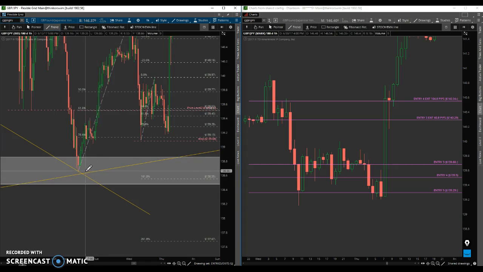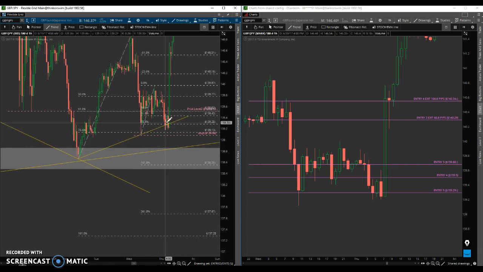And my third and final entry on this trade was based off of this little trend line I had marked here, and some of these little levels down here I had marked that had caused price to stall. And right around there was the 78.6 fib retracement of this tiny little move here.